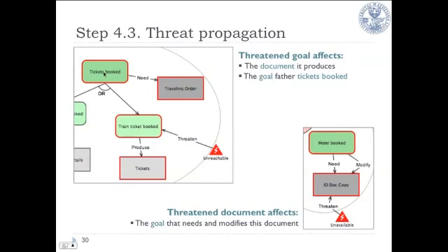And also, if we assume that the travel agency service would select this alternative to have tickets booked, the further goal would be affected. On the other hand, when we consider threats to documents, we want to see again how they affect the rest of the goals. For instance, when ID doc copy is threatened, also the goal that needs this information in order to be achieved would be threatened. And similarly, we would see the propagation to all the rest of the stakeholders' assets through their interactions.